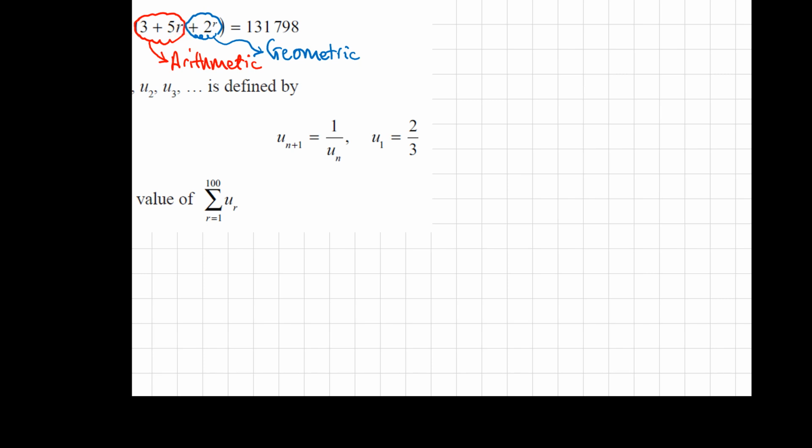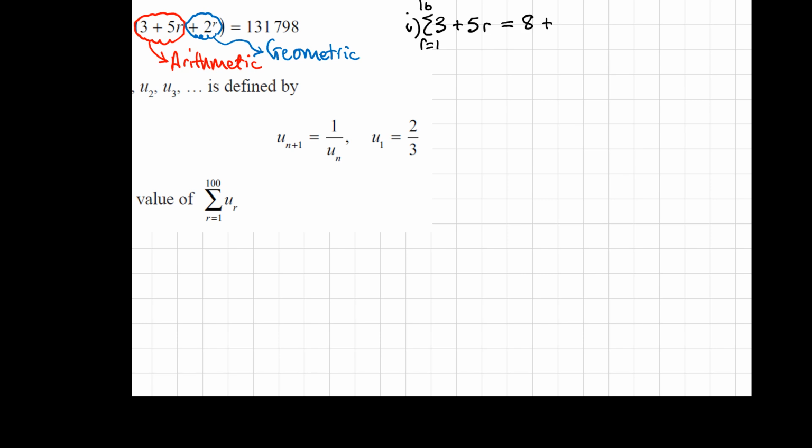Now I just want to prove to myself that that is actually what's happening. So if I start with the 3 plus 5r, and I'm doing the sum of that from 1 to 16, this is just to prove that this first bit, the bit in red, is actually arithmetic. The first term will be 3 plus 5 times 1, 8.